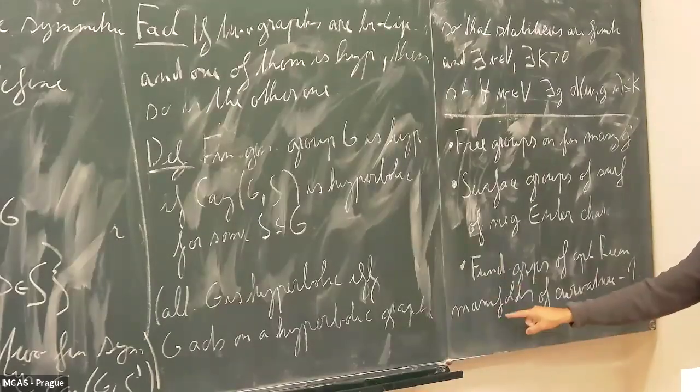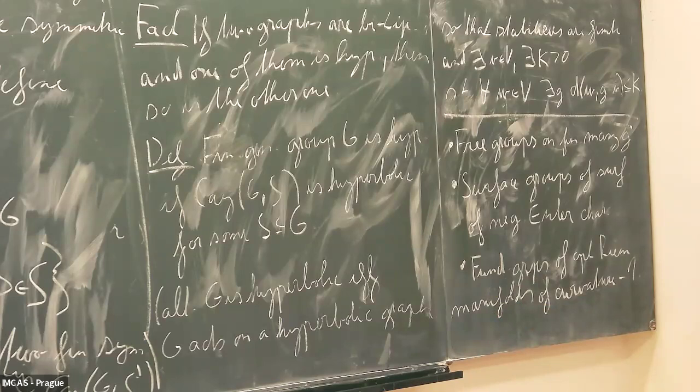The reason is that you need constant negative sectional curvature. What we need is that the universal cover of such a manifold is hyperbolic space. This is what we need.